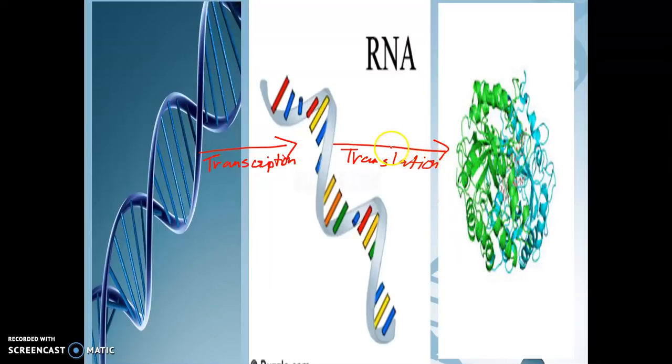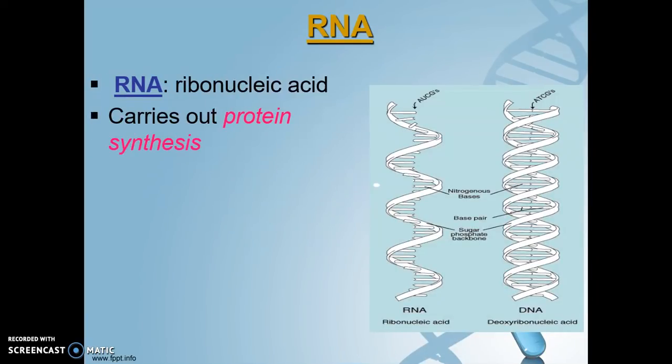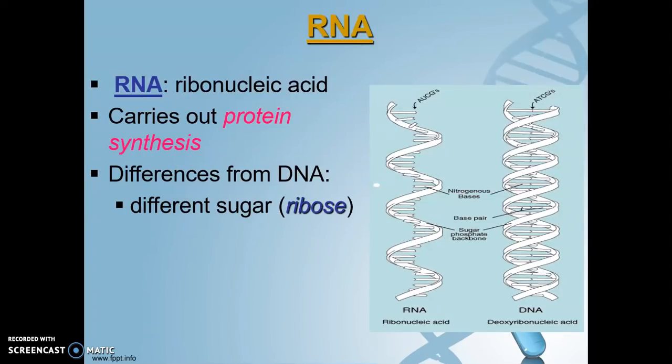So in this video, I'm going to discuss the process of transcription. For that, you need to know the structure of RNA, and how RNA is different from DNA. RNA has a different sugar from DNA, which is called ribose sugar, and DNA has deoxyribose.